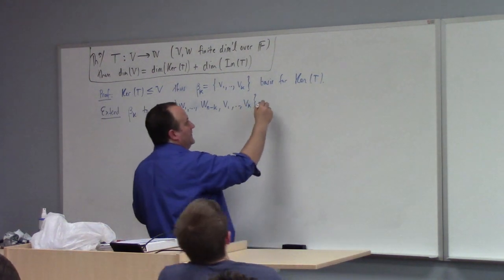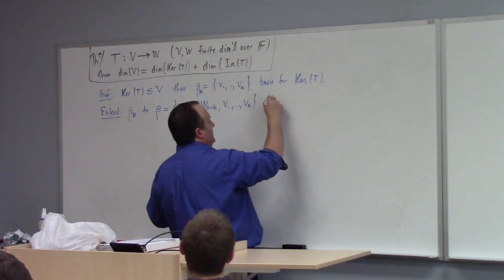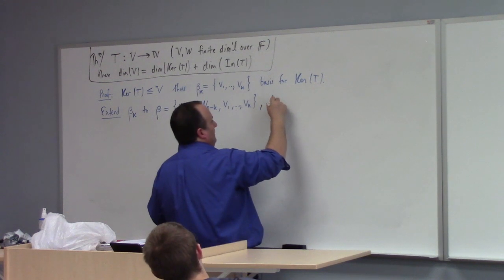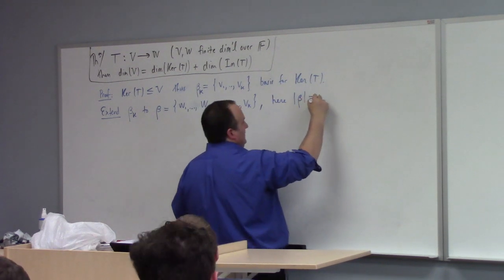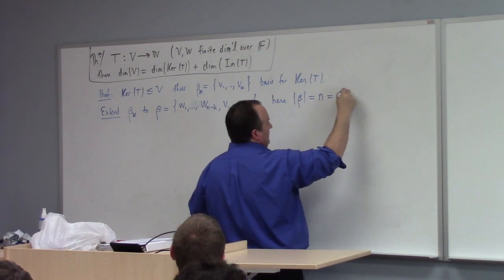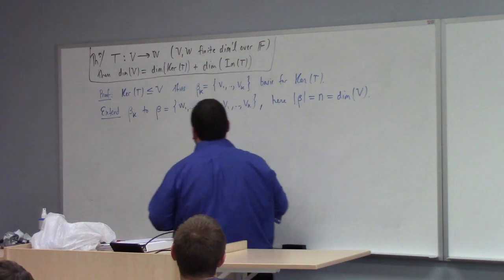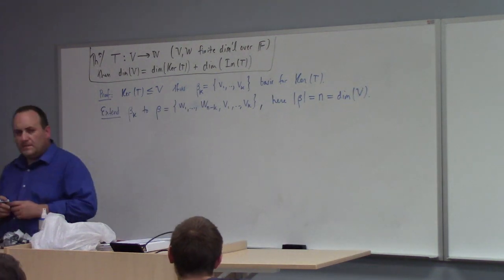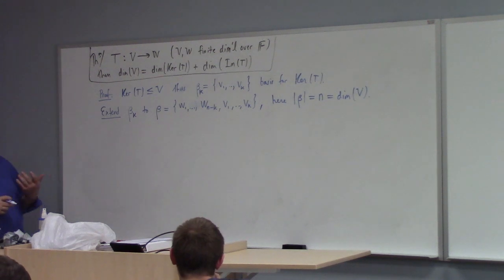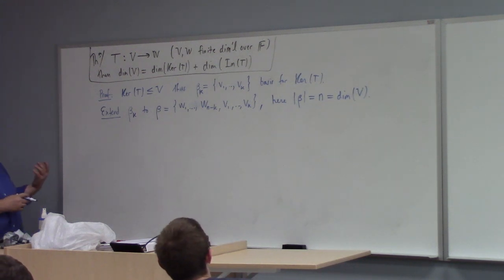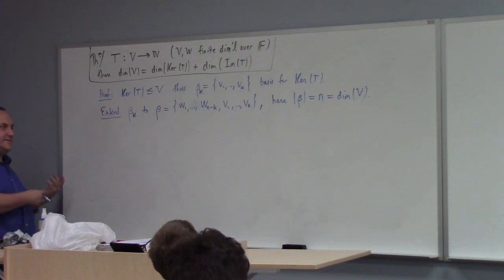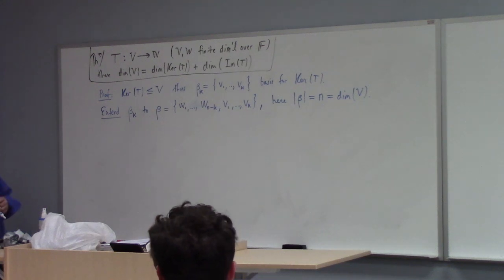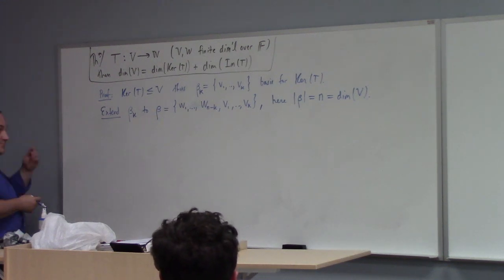So here the number of vectors in beta is equal to n, which is the dimension of V by assumption, okay? Why can I do this? Well, any subspace has a basis because it's a vector space, and that gives us a linearly independent set, right? And we have a theorem that we can extend any linearly independent set to a basis, right? Okay, great.